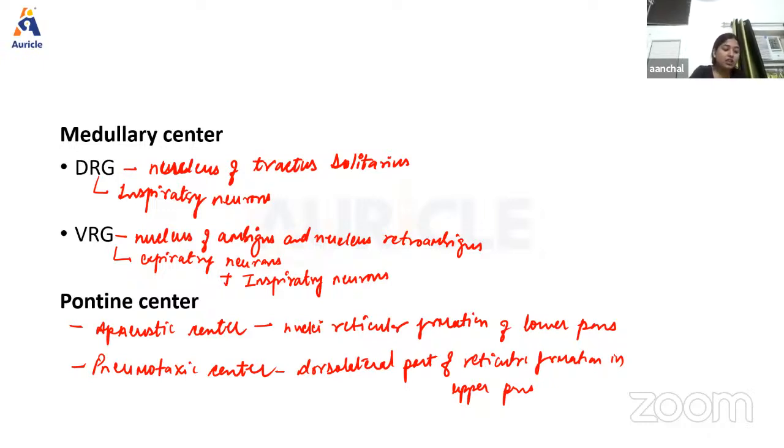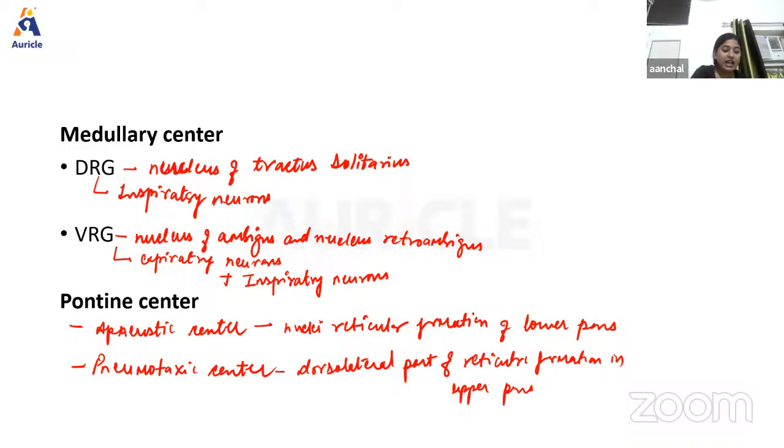Talking about the function of the apneustic center: it is involved in increasing the depth of inspiration by acting directly on the dorsal respiratory group of neurons. Whereas the function of the pneumotaxic center is to control the medullary respiratory center, particularly the DRG.